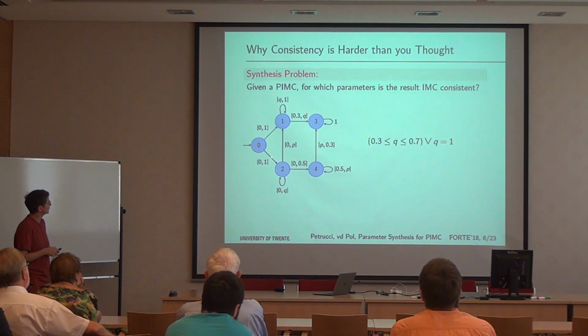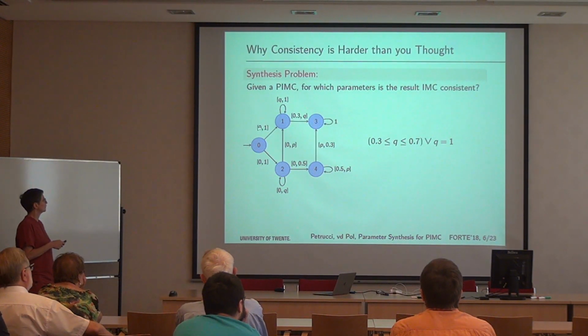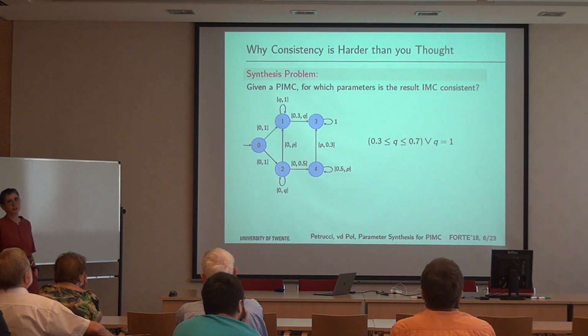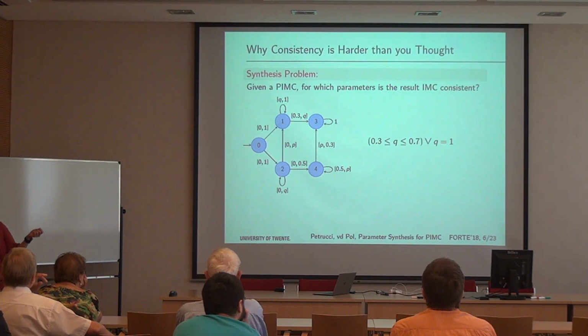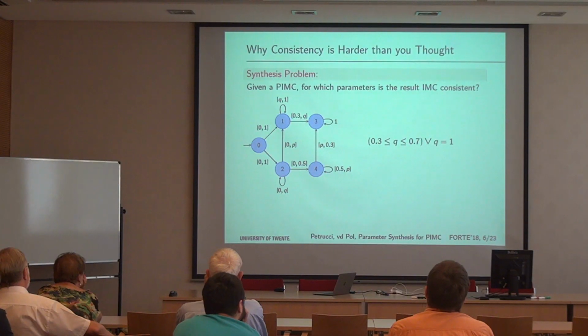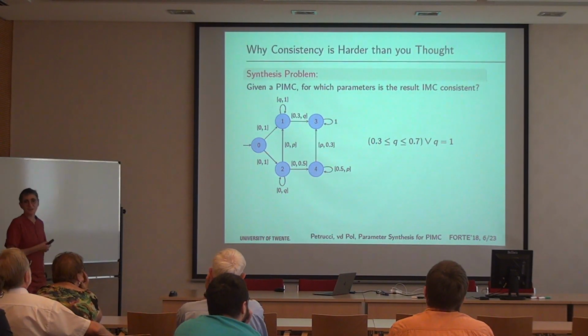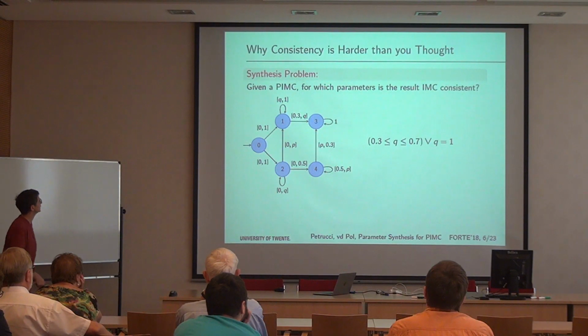Here I have two outgoing arcs from 0 with the interval 0, 1. So I can pick one value in one and then find the corresponding value in the other one. If I choose 0.5 in one of the intervals, then for consistency I have to choose 0.5 in the other one.